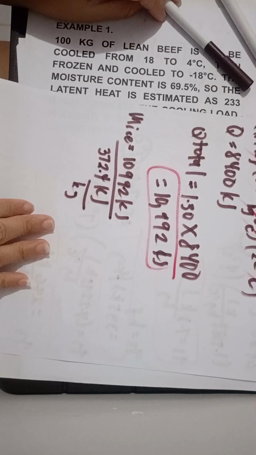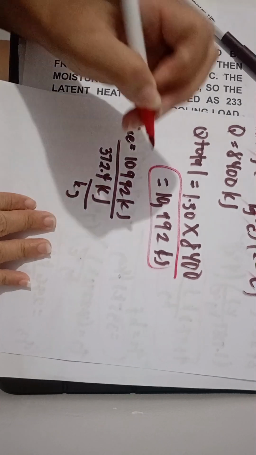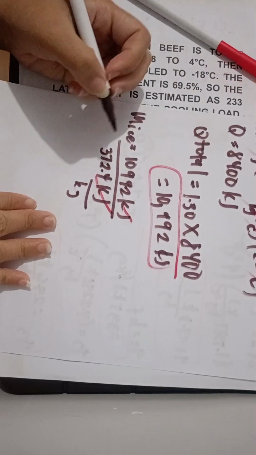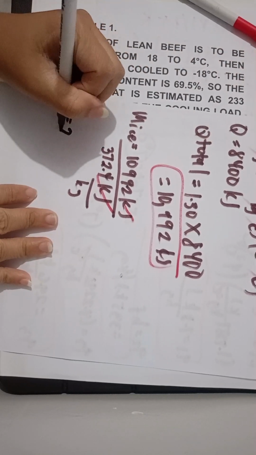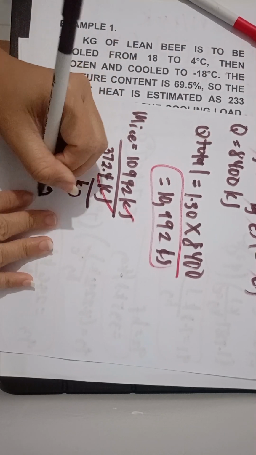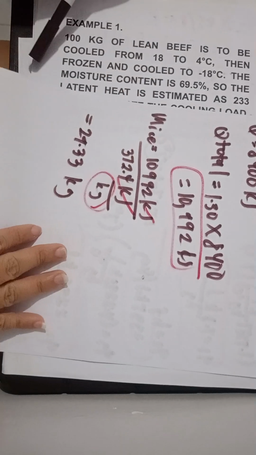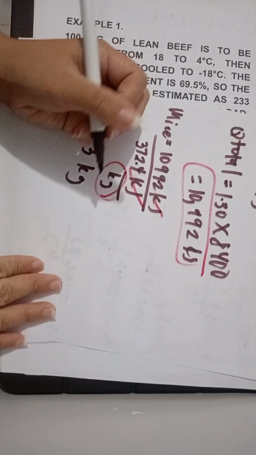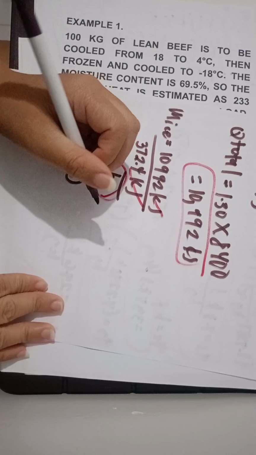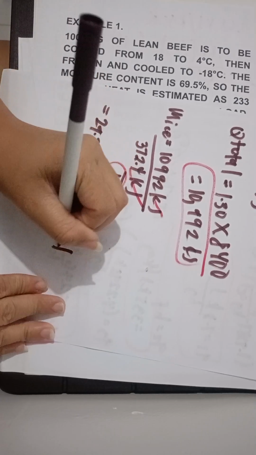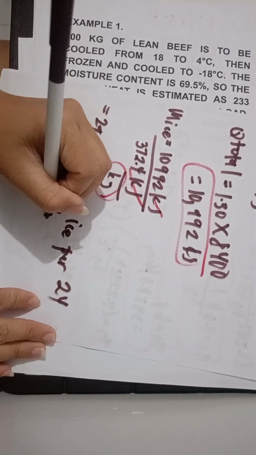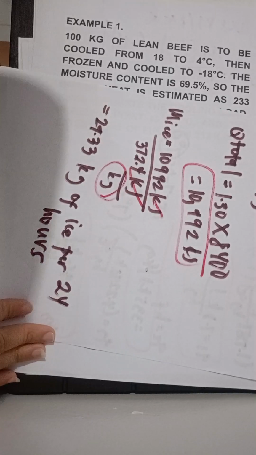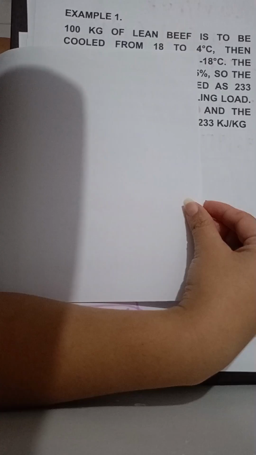So, here, as you can see, pwede mo na lang i-cancel yung kilojoule. So, our answer will be 29.33 kilogram, since kilogram yung natira. So this is the answer, 29.33 kilogram of ice per 24 hours. So, this is our answer.